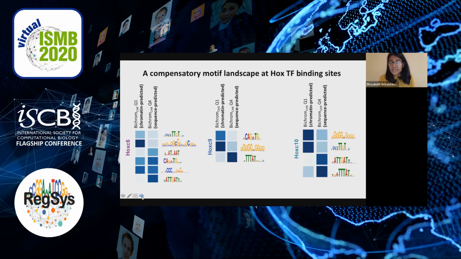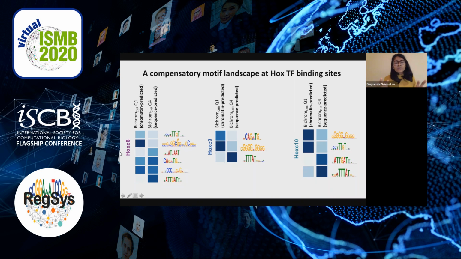We find that the same pattern holds for both HOXC9 and HOXC10. We find a greater enrichment of the primary motif, so the TTTAT here, at sequence predicted sites, which are more likely to be bound in quiescent chromatin, as opposed to chromatin predicted sites, which are primarily bound in open chromatin.